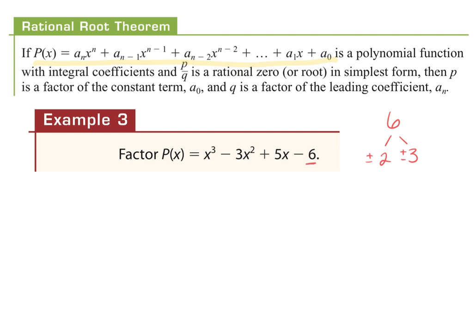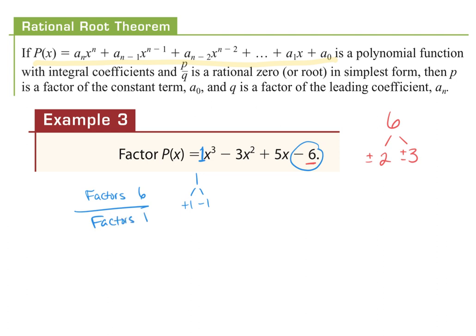Then I'm going to look at my first element here, my first term. My coefficient here is a 1. The factors of 1, obviously, we only have positive 1 or negative 1. That's my only options for 1. And what they're saying is every single zero of this polynomial will fall within the factors of my last number, so factors of 6 over factors of my leading coefficient.